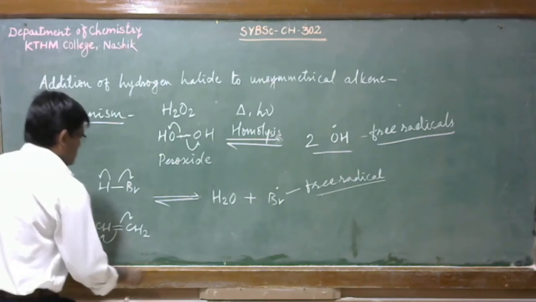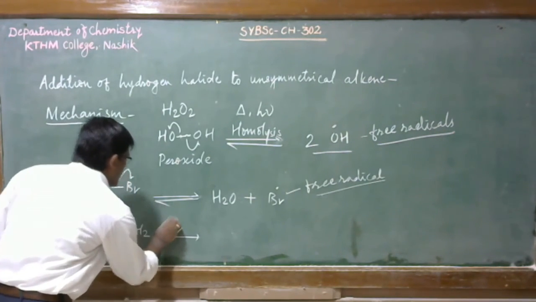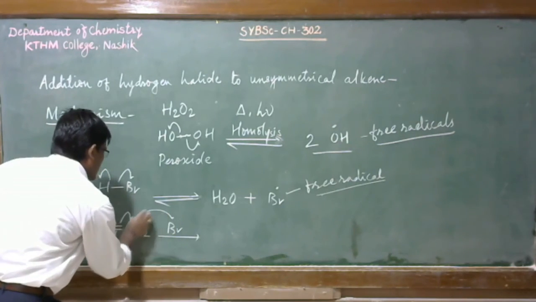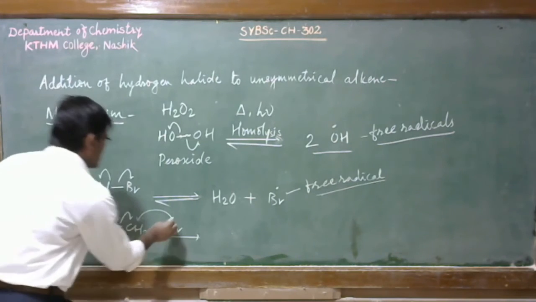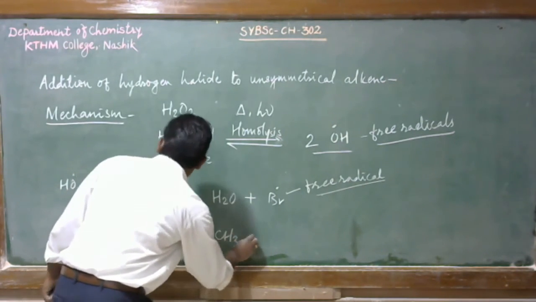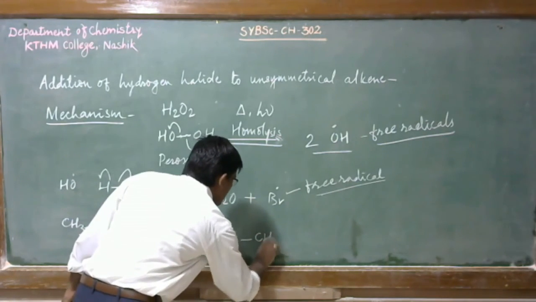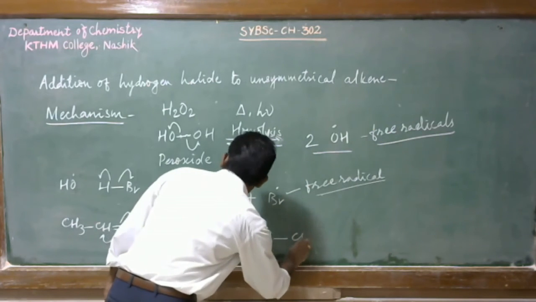So this Br radical will add to the less substituted carbon. Alright, so it will generate the secondary radical this way.